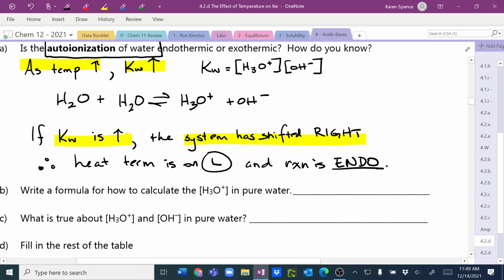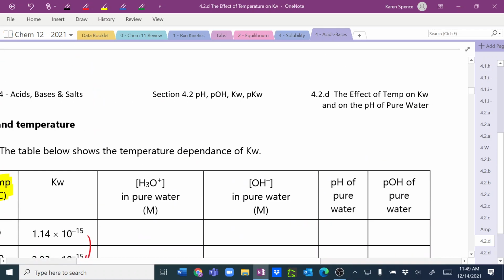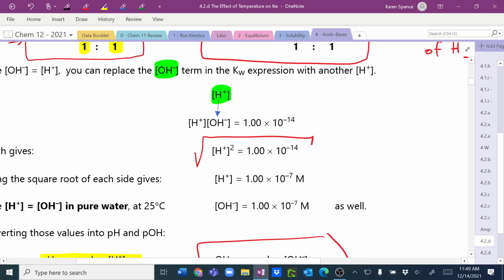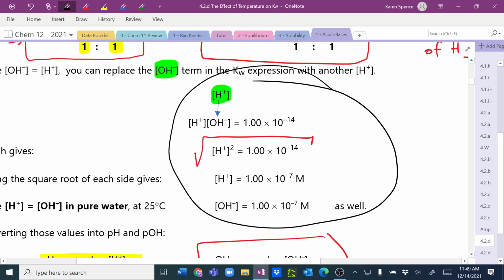Write a formula for how to calculate H3O plus in pure water. Oh, look what we just did back here. We just calculated the H plus in pure water. So we had H squared is equal to Kw, because we said H is equal to OH, so H squared is equal to Kw.